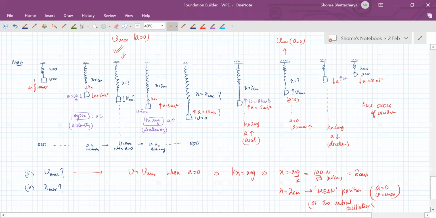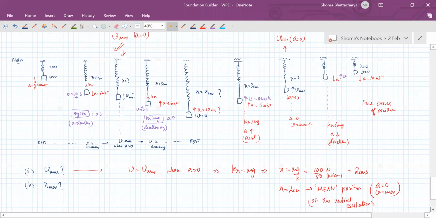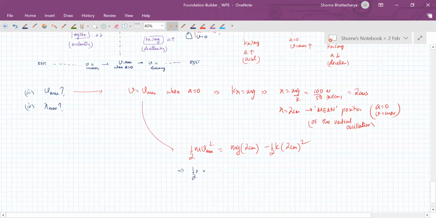So now in the work energy relation, we have to just use this. Half m V max square is going to be equal to mg into 2 centimeters minus half k into 2 centimeters square. So substitute the values. Half into 10 kg into this maximum speed square is equal to 100 into 2 into 10 raised to the power minus 2, minus half into k, which is 50, into 2 into 10 raised to the power minus 2, square.